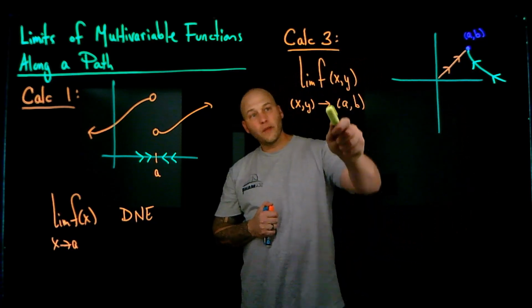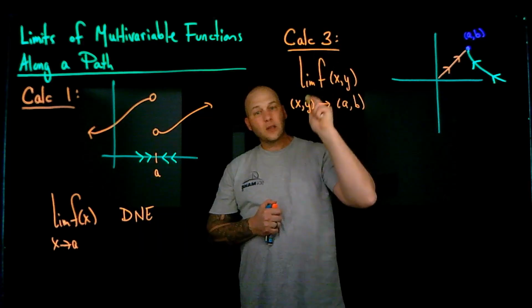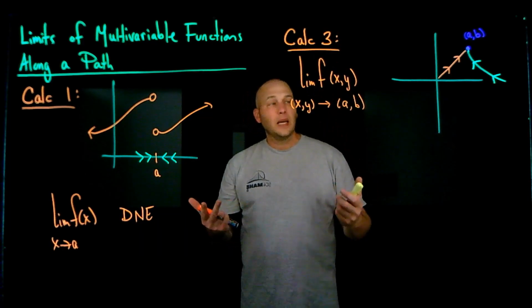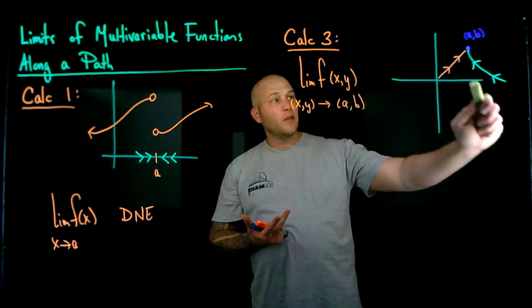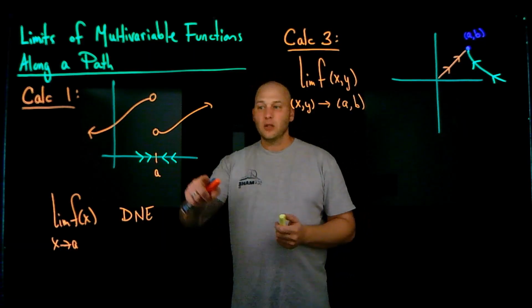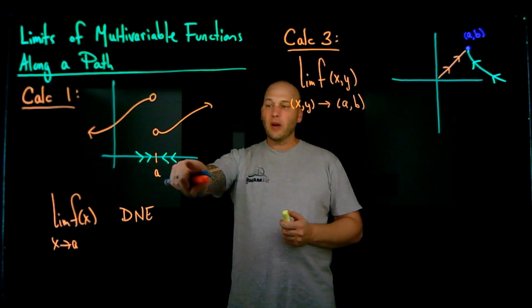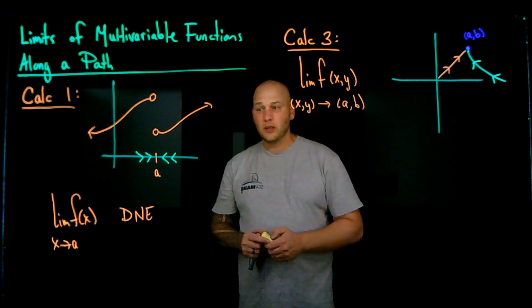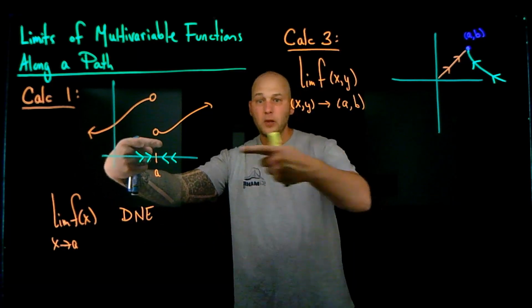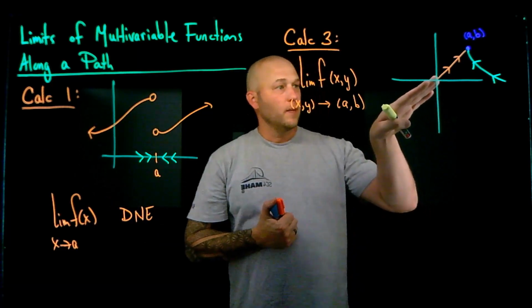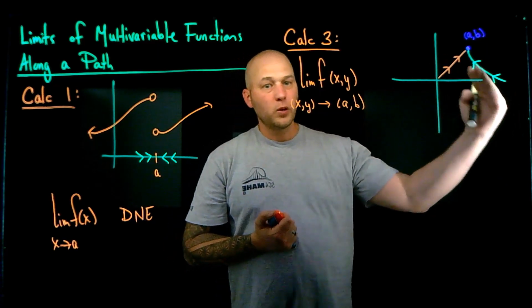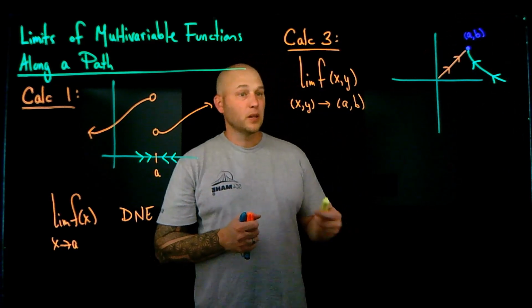And in order for this limit to exist, the value has to be independent of how I approach (a, b), just like it was over here. The left and the right-hand limit, we could say that those are limits along this path or this path, whereas up here we're taking a limit along this path or whatever path I want to consider.